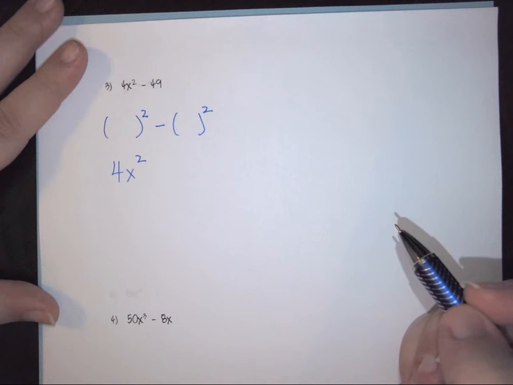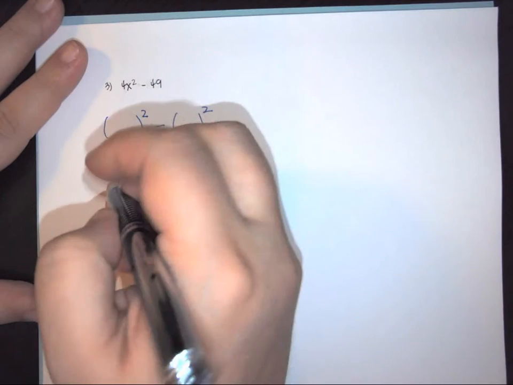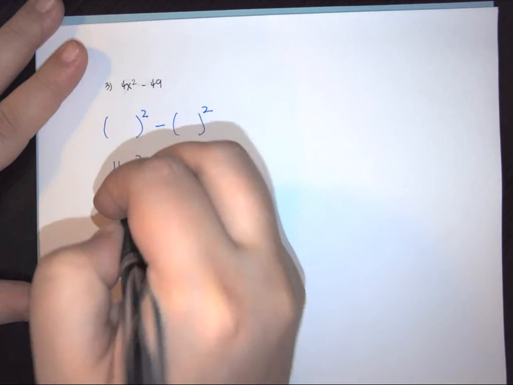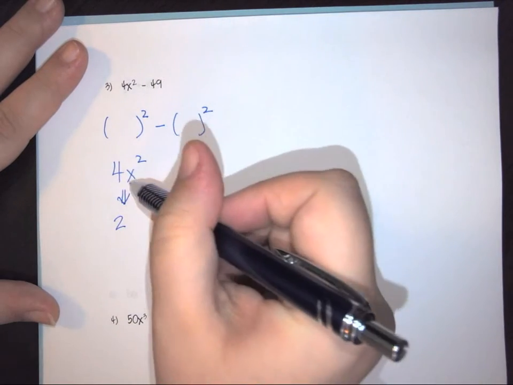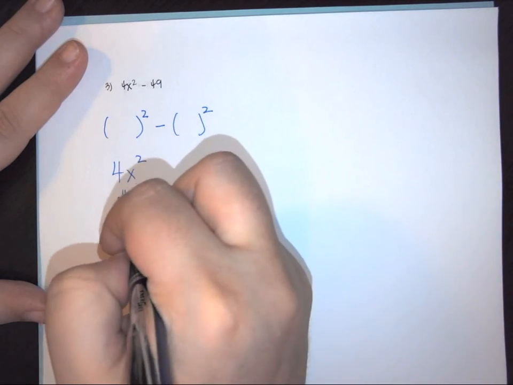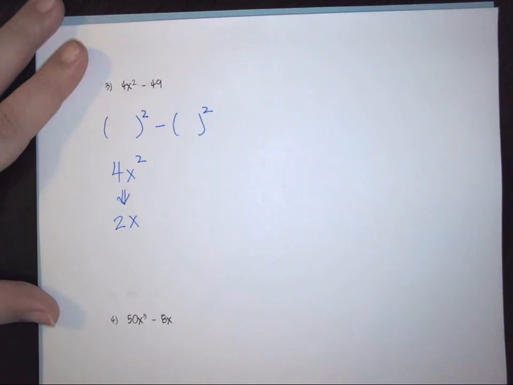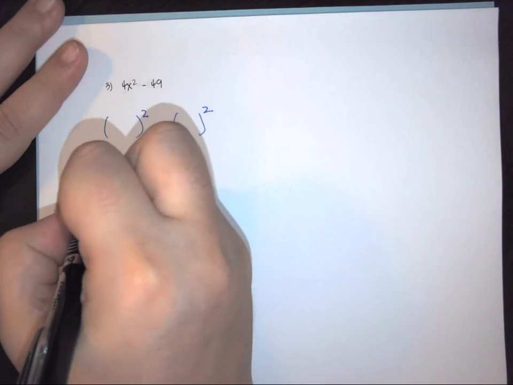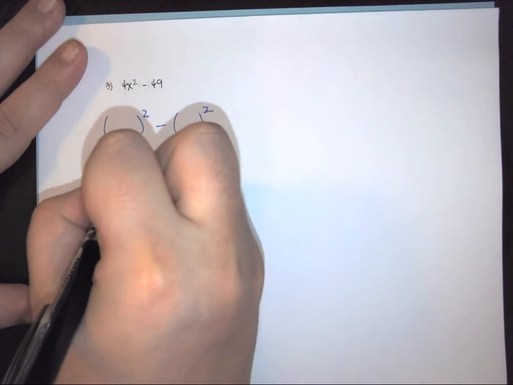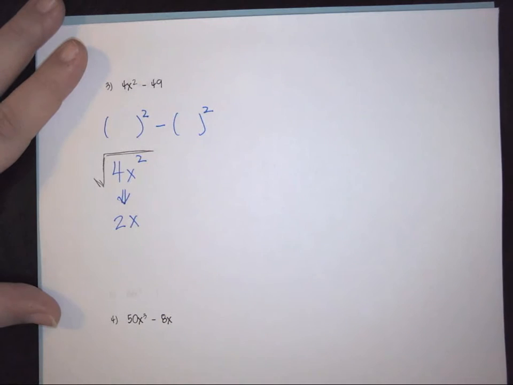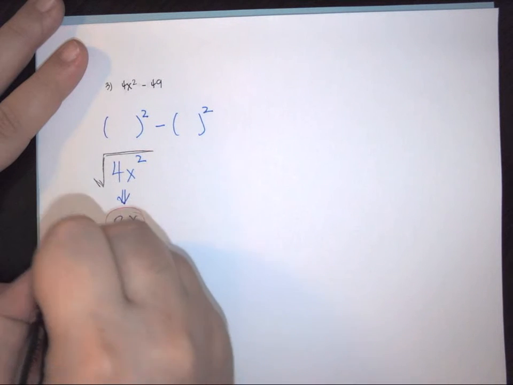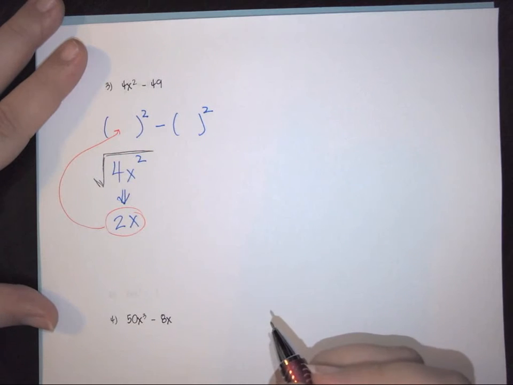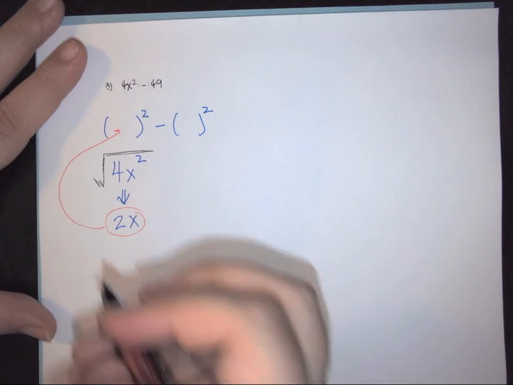So if I reduce this down, 4 reduces down and becomes a 2, and taking the square root of x squared gives you an x. So the math that I did here is I took the square root of this term and ended up with 2x. So this 2x is what goes into this parentheses, this first part.